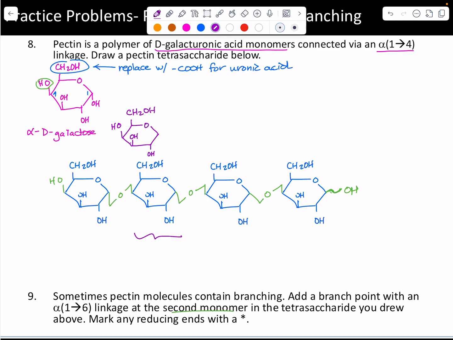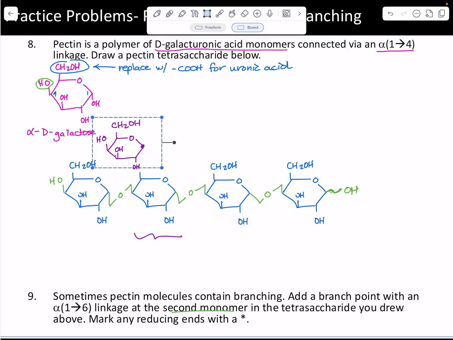Okay, so alpha 1 to 6, that means that it's going to be between this carbon and my CH2OH here. So what I'm going to do is erase this group here, and I'm going to move this a little bit so that I can link them up better. There we go.